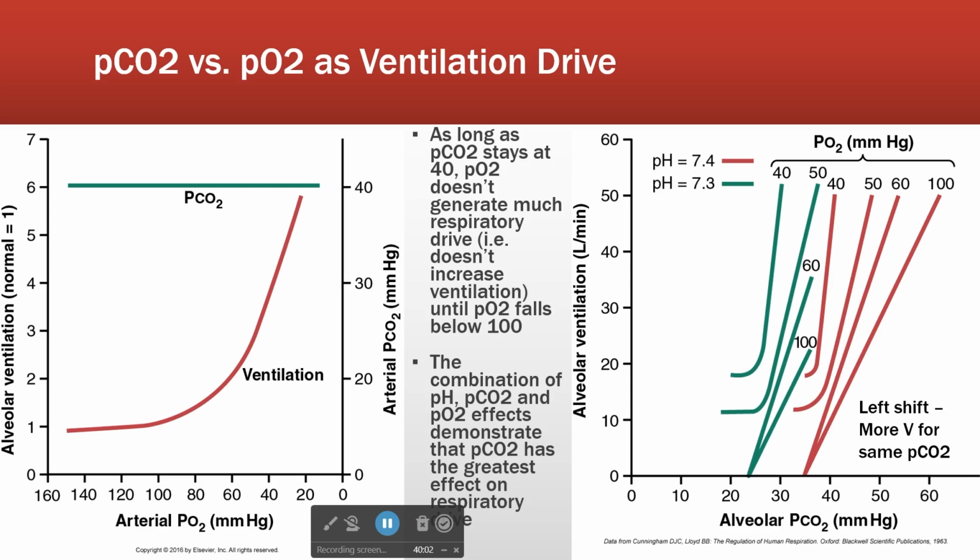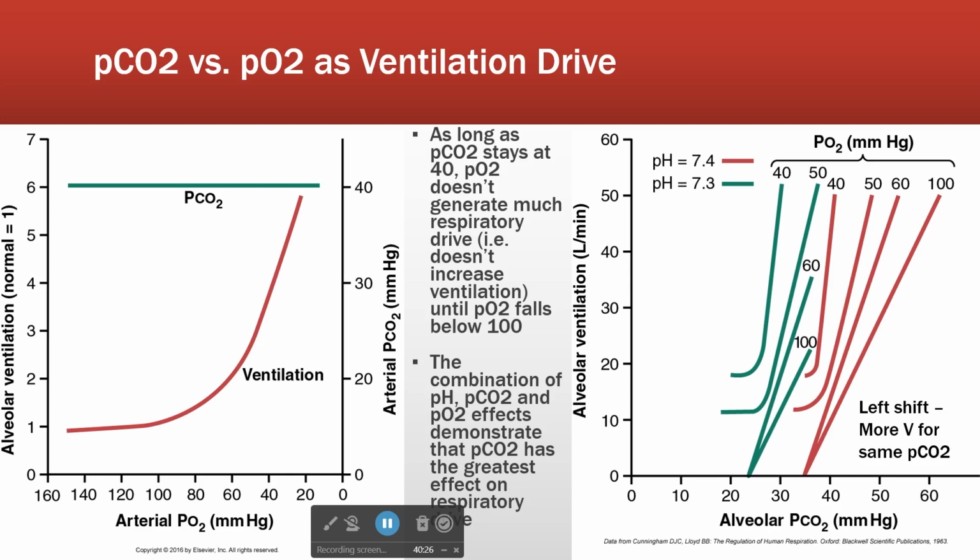Then we can see that still as alveolar PCO2 increases, alveolar ventilation also increases, but it's furthest down the PCO2 line. In other words, when everything else is normal, when PO2 is normal and pH is normal, then we have the highest PCO2 for a given alveolar ventilation.